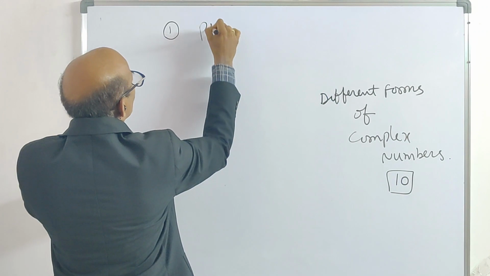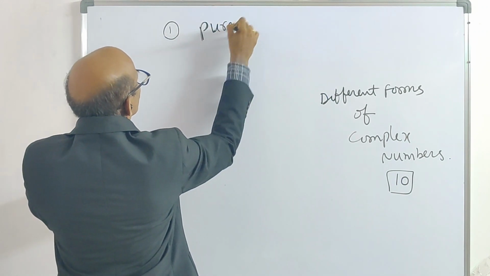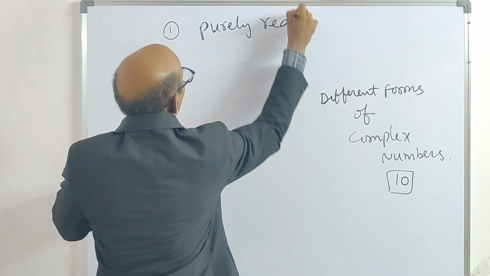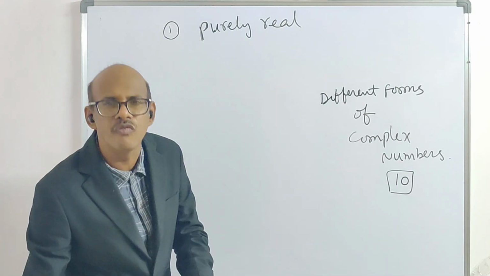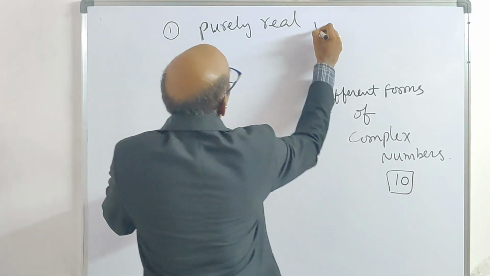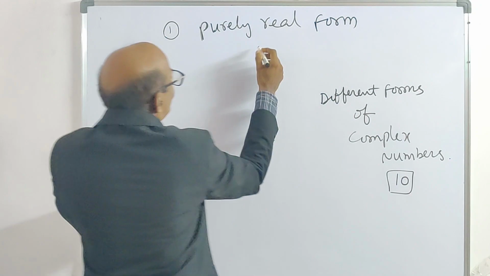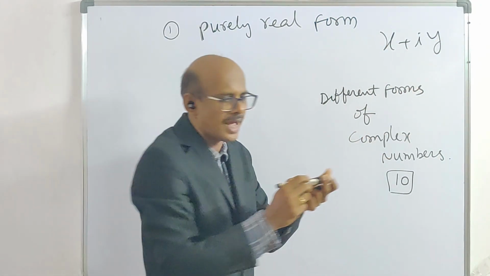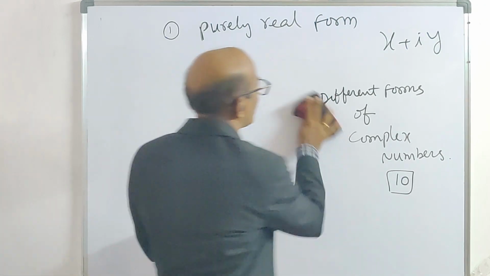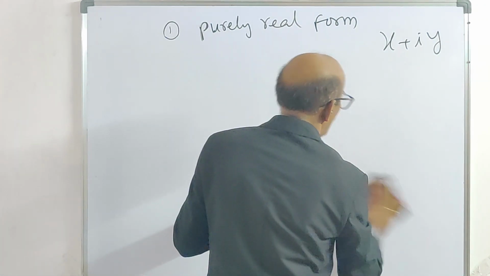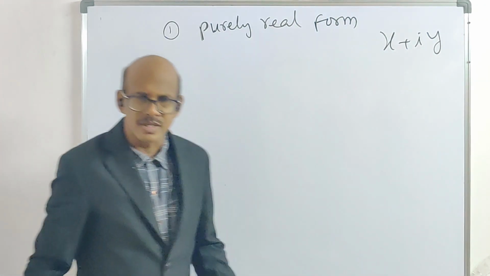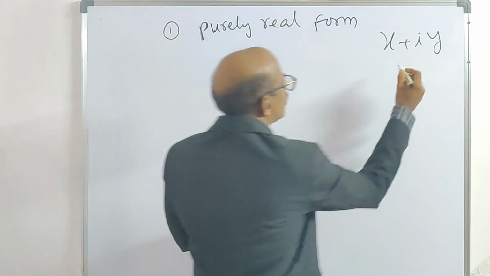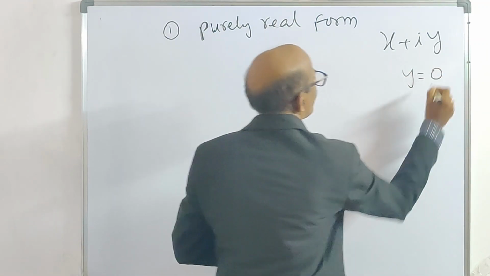The first form given is the purely real form. Suppose a complex number is expressed as x plus iy. Purely real means, concentrate, y equals 0.